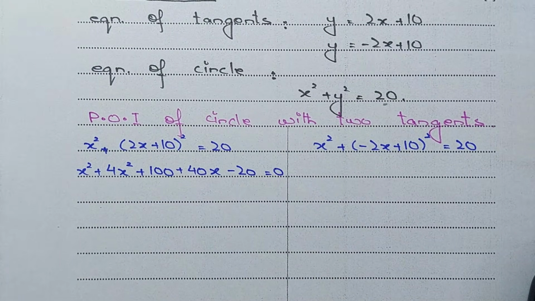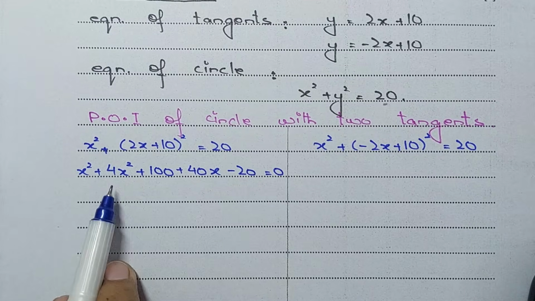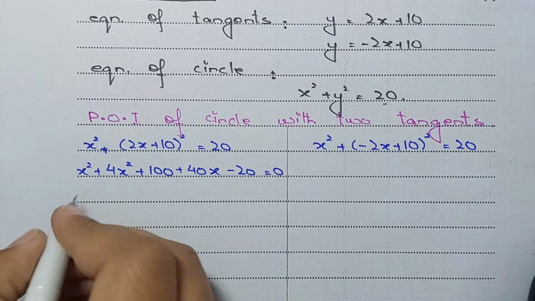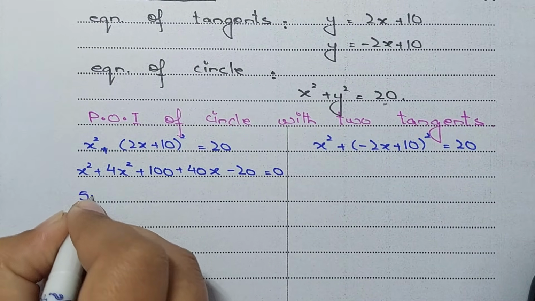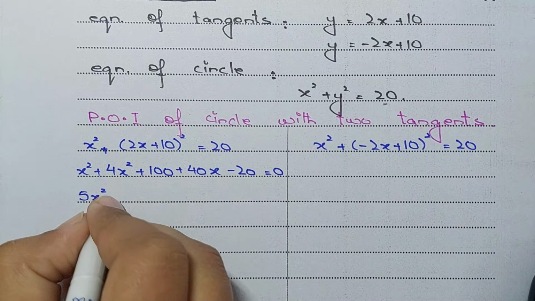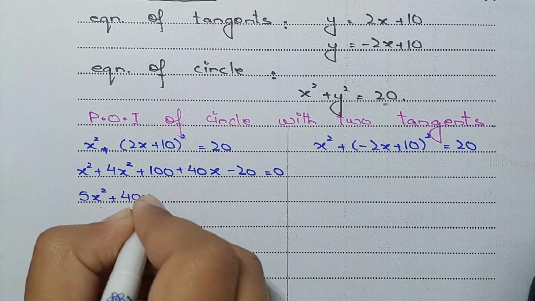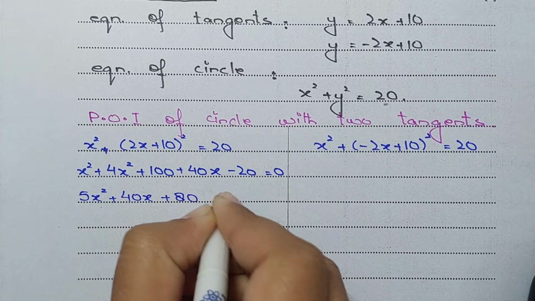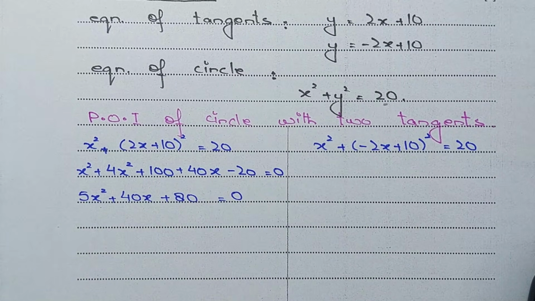So here I open the square, a plus b whole square, a square plus b square plus 2ab. Now this is 5x square and this is a constant, plus 40x and plus 80 equals 0, right?